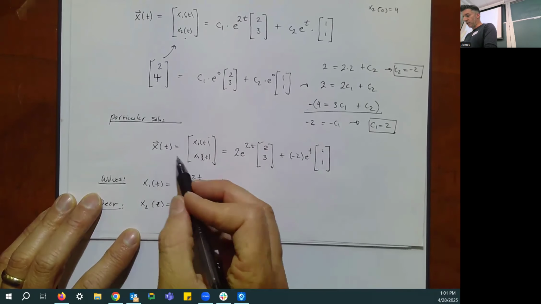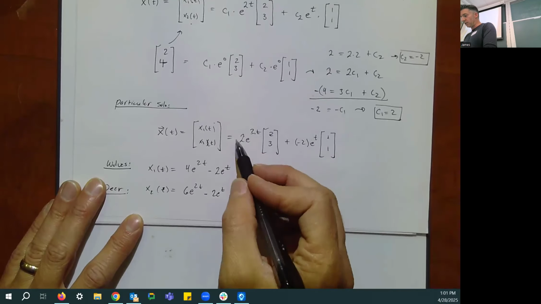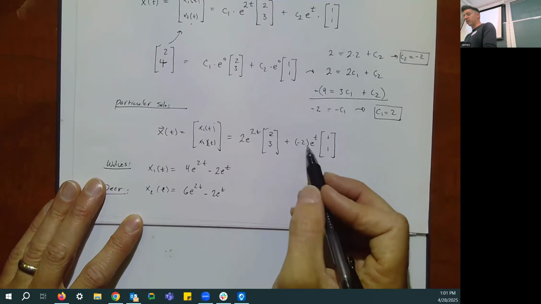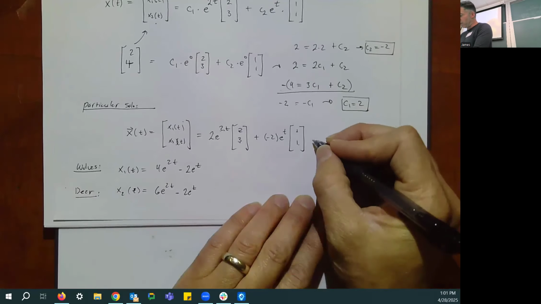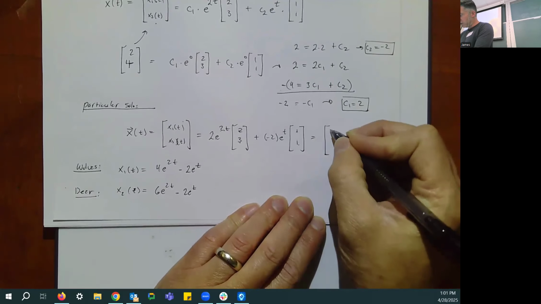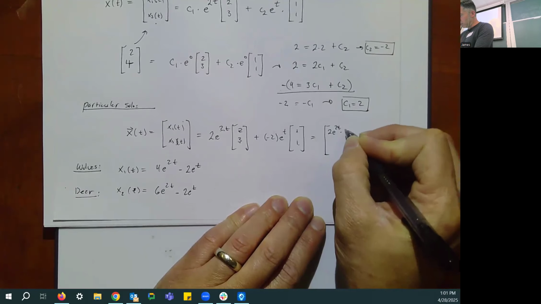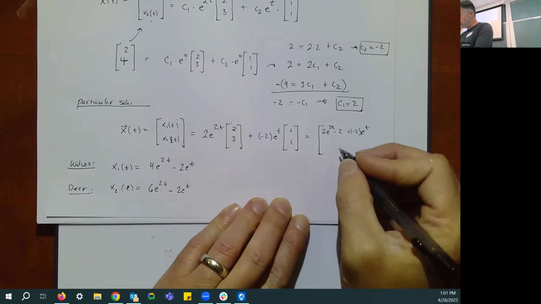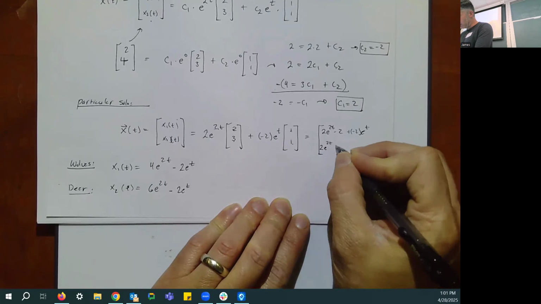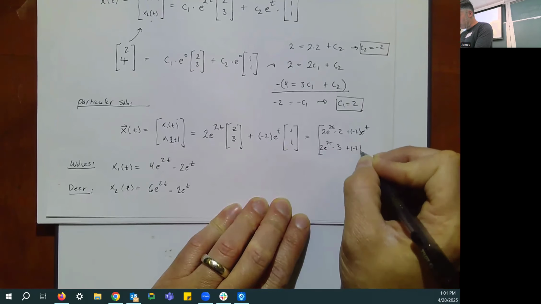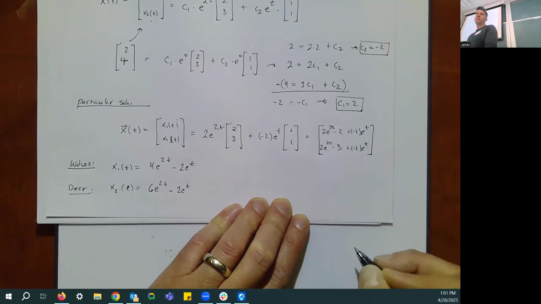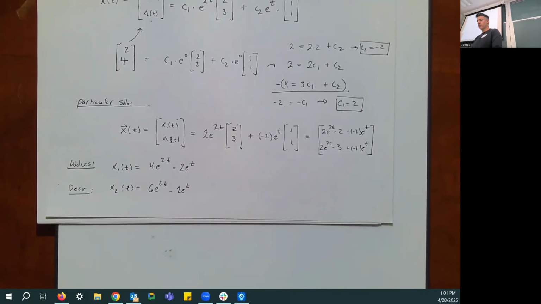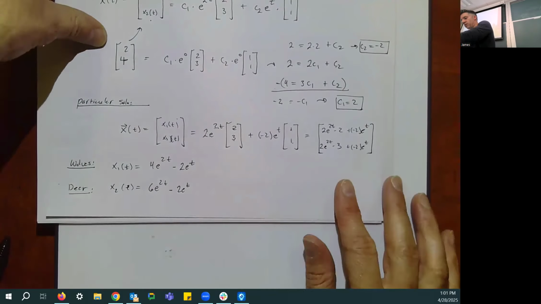And the x2 of t is just the bottom row. It's this constant times 3 plus this constant times 1. I could have written it as one vector, as 2e^(2t) times 2 plus negative 2e^t times 1, and the second row being 2e^(2t) times 3 plus negative 2e^t times 1. Like that. You're welcome. We'll continue to talk about this on Wednesday.